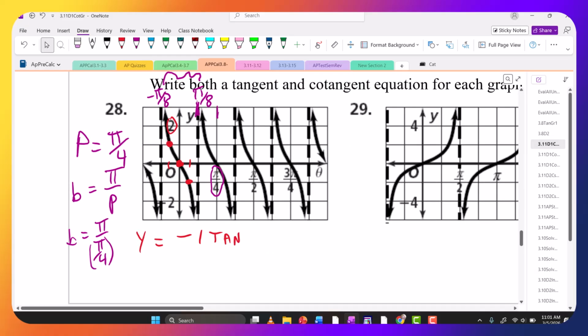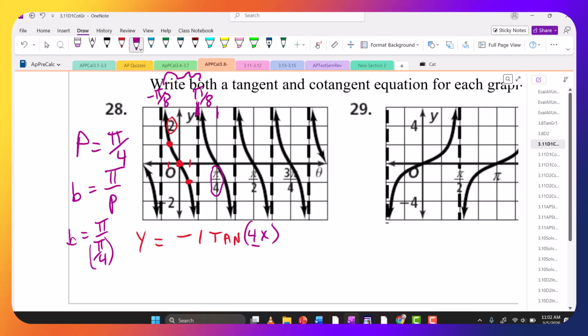It's 4. B is 4, all right? So therefore, this answer is -1 tan 4x. That's my b value, because then pi over 4 is the period. So it all worked out. And I've done this math before. How do I handle pi divided by pi over 4? You flip. Pi times 4 over pi, the pi's cancel, one way or the other.